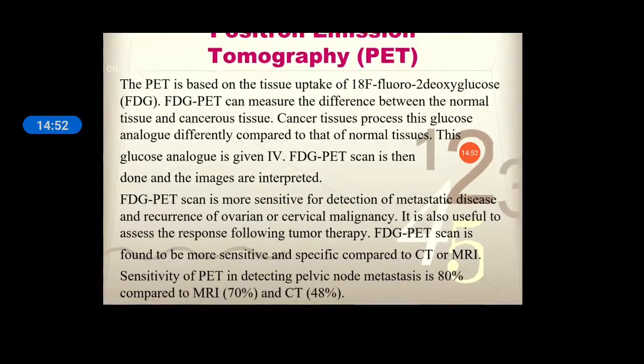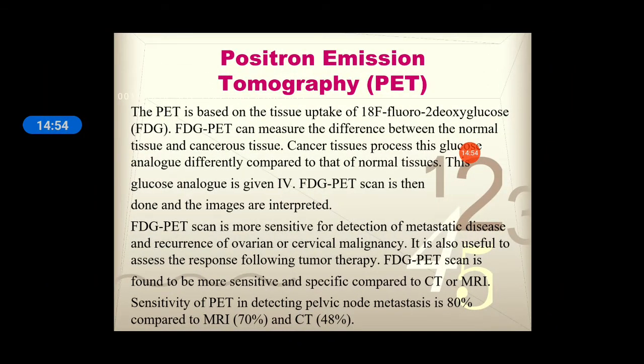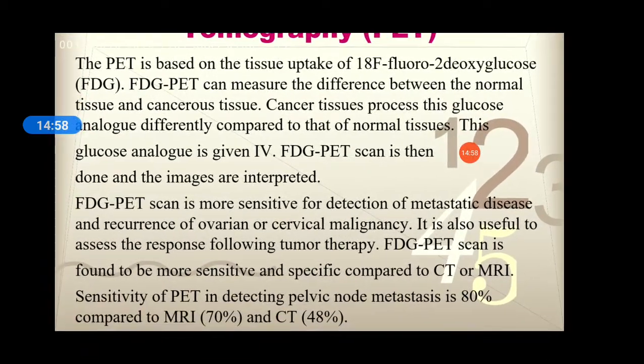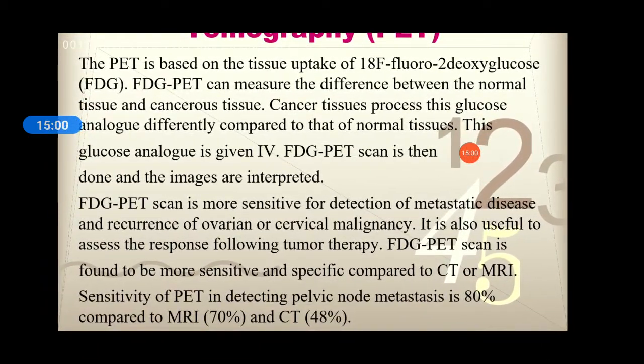FDG PET scan is more sensitive for the detection of metastatic disease and recurrence of ovarian or cervical malignancy. It is also useful to assess the response following tumor therapy, whether after giving the treatment there is any response in the malignancy or not.